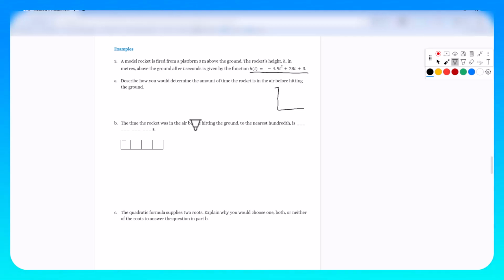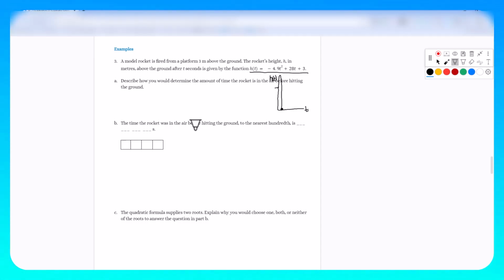If this is the platform, it's going to go up, come down, hit the ground. When it hits the ground at this point, think of it as being on the x-intercept. In other words, we need to find the zeros.